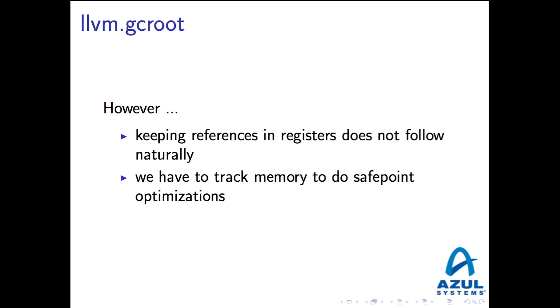And we'd also like to be able to do some interesting Safepoint-specific optimizations. And for GC root, that means we have to track memory and effectively we want to be able to do simple inst-combine style optimizations where we take a DAG and replace it with some other DAG that it's pretty obvious that they're equivalent.